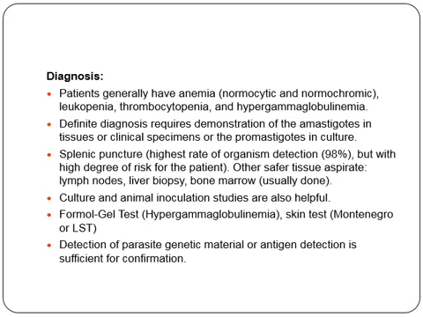So the safer process is lymph node aspirate, liver biopsy, or bone marrow aspirate, because this is very important to differentiate between infectious mononucleosis or the lymphomas and the disease.